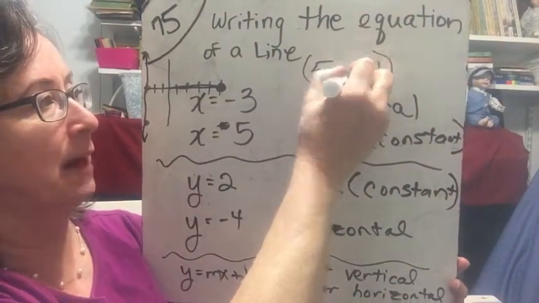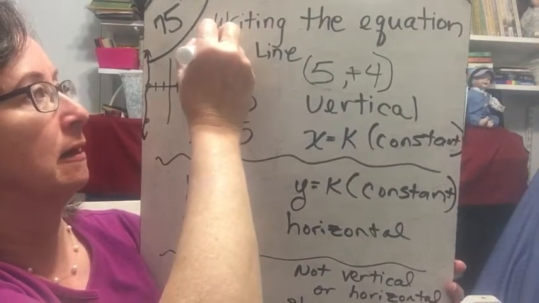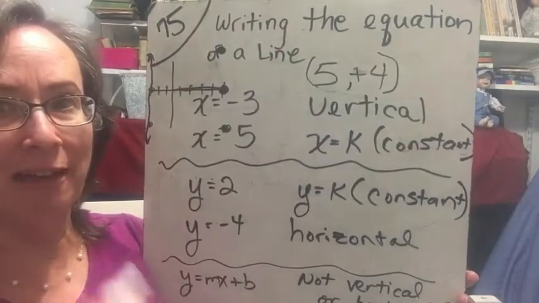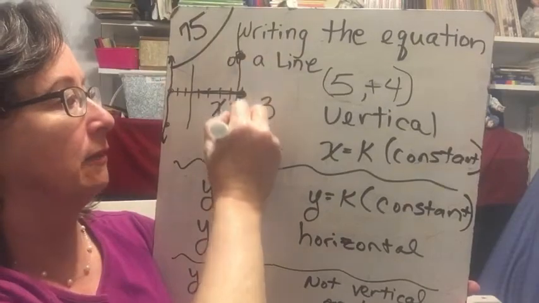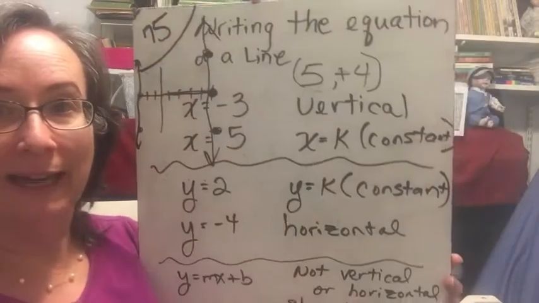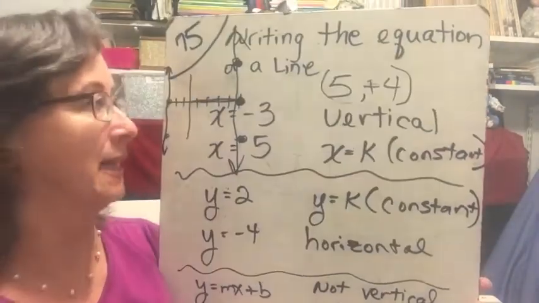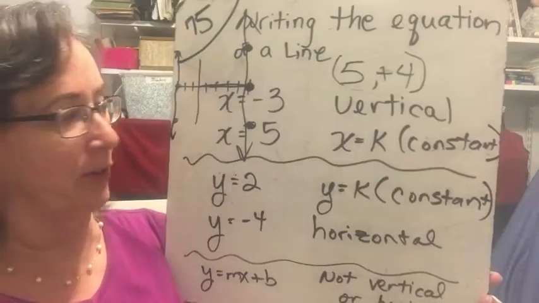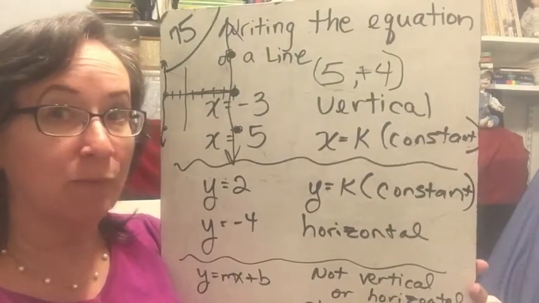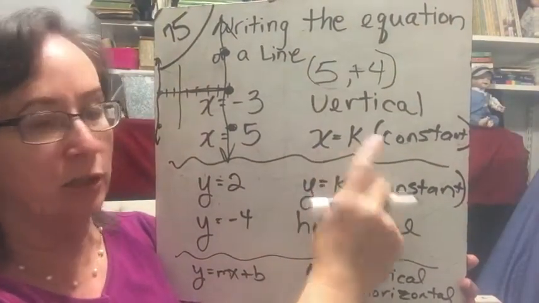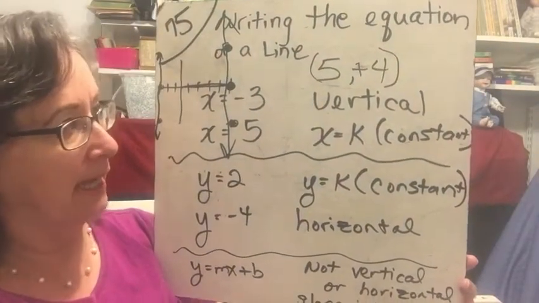And 5, +4 would be right about there. And I have an infinite number of points in between and on either side. And I get another nice vertical line, except mine's a little squiggly because I can't draw very well. Okay, so all vertical lines will be of the form x is equal to some constant k.